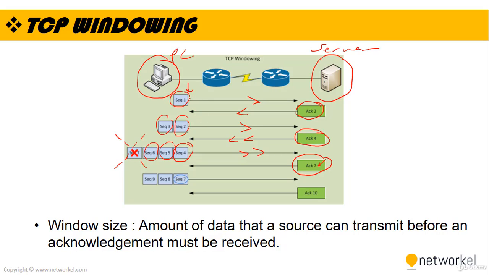Please pay attention that I am sending the sequence number 1 and the acknowledgement is 2. Here, I'm getting the sequence number 3 and the acknowledgement is 4. What it means here is that I'm sending an acknowledgement of 7, which means I got sequence number 6 last.